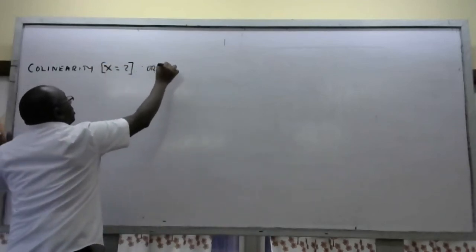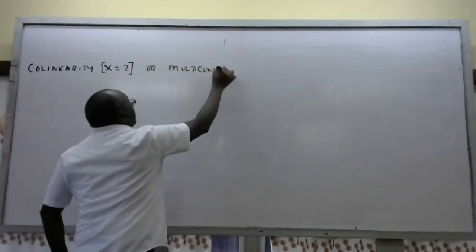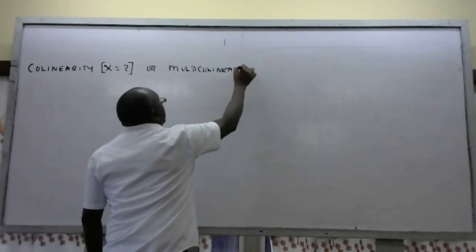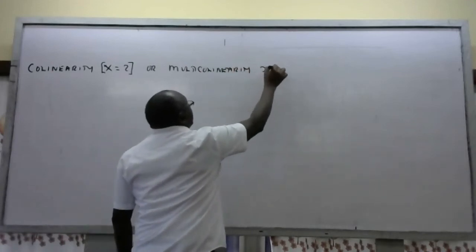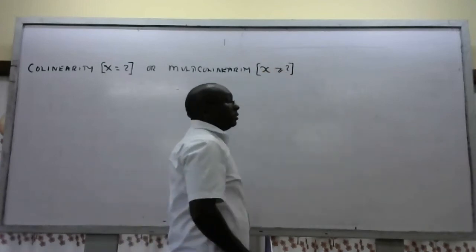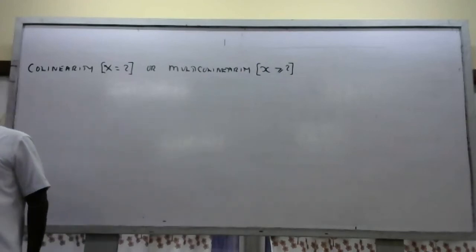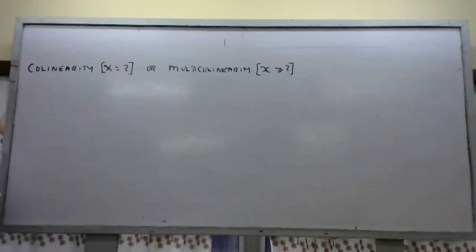Or multicollinearity, this is where the number of x variables is greater than or equal to 2. Collinearity or multicollinearity.